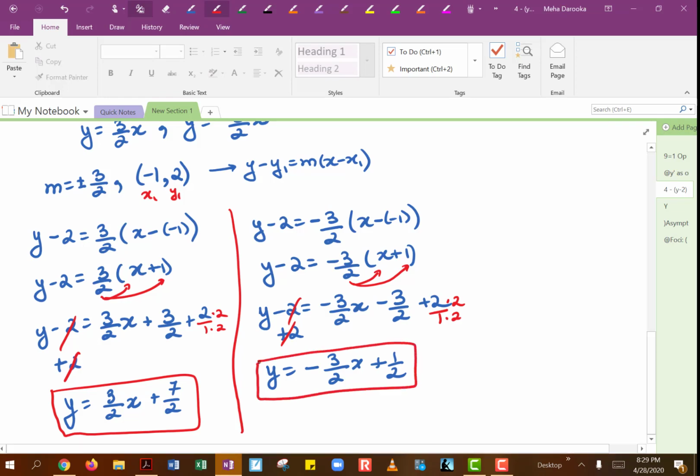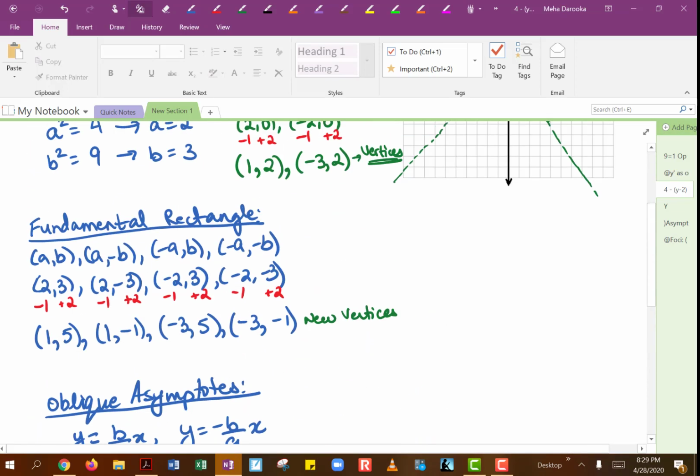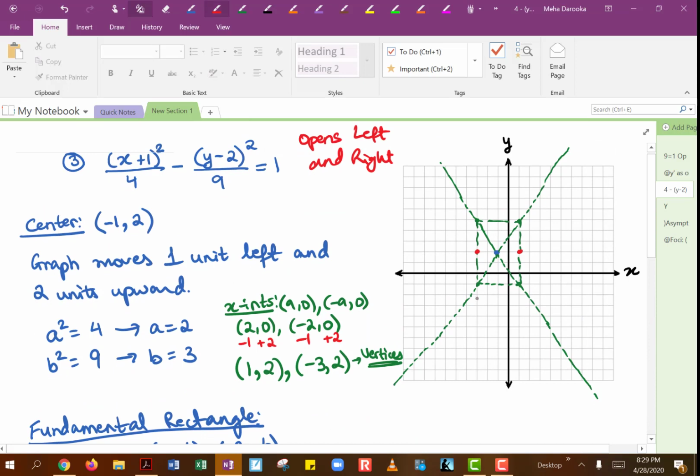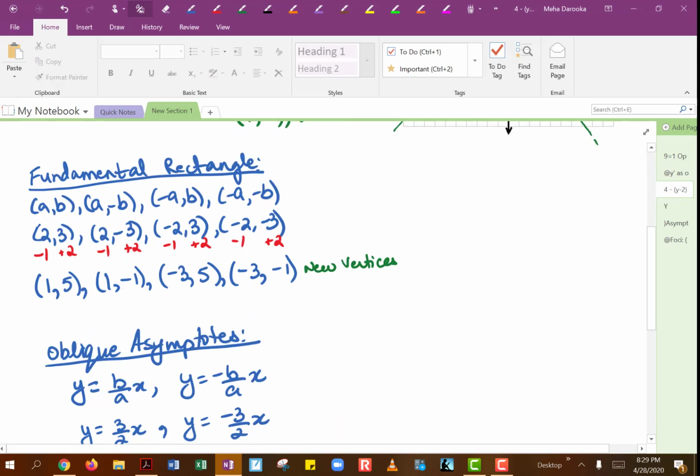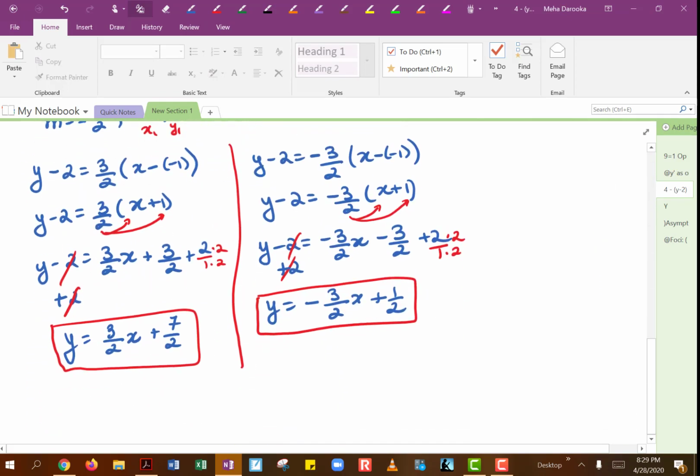So the positive slope is going to be this line here, the asymptote with the positive slope, and then the negative slope is of course our second line over here. So this is how you come up with your equations for the oblique asymptotes.